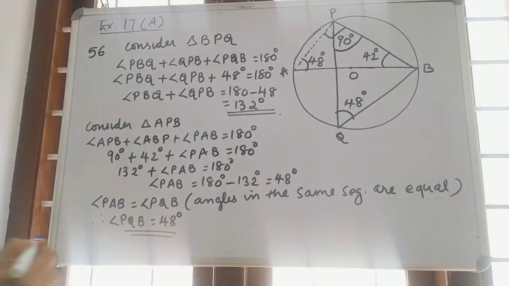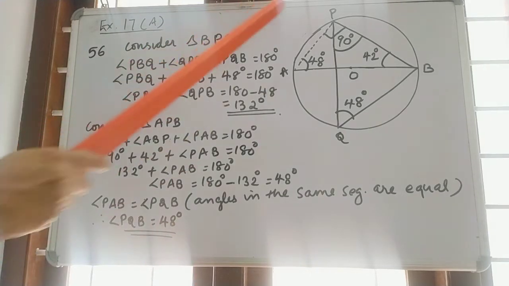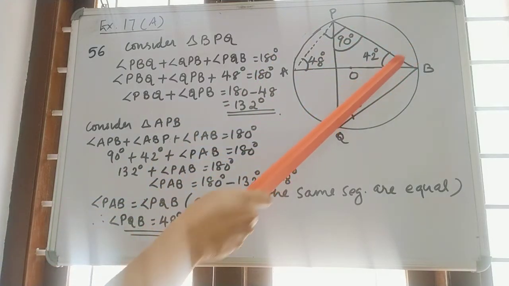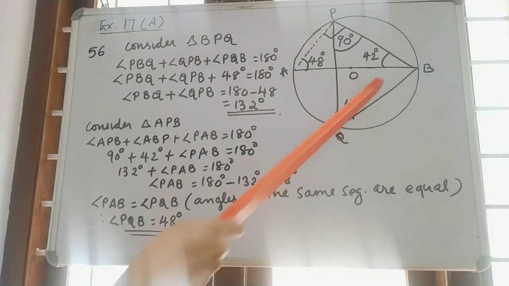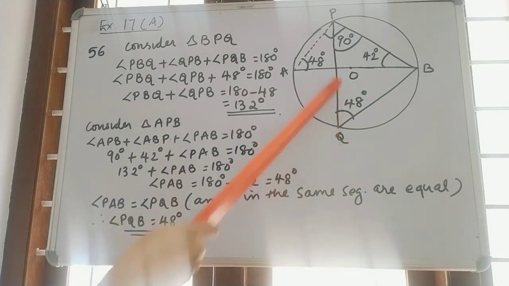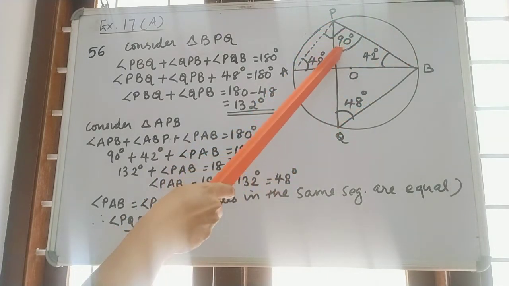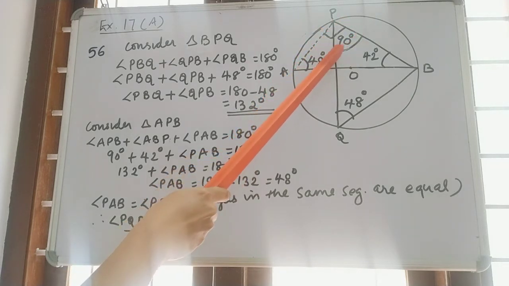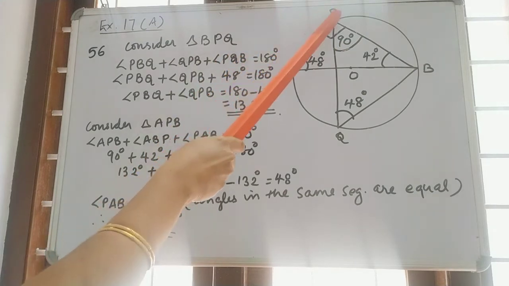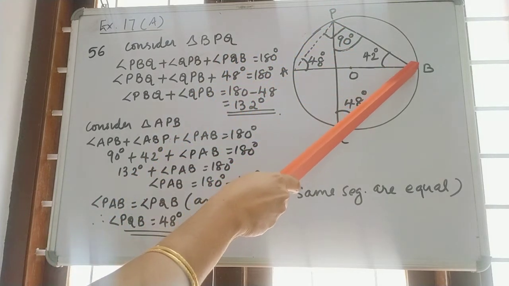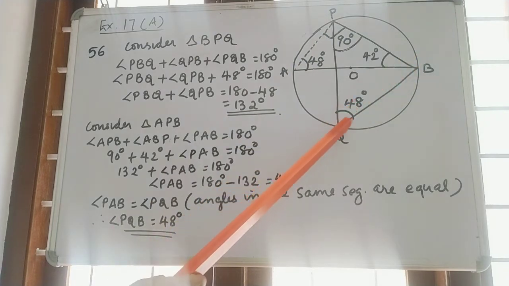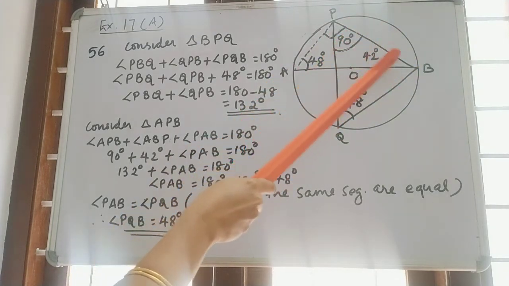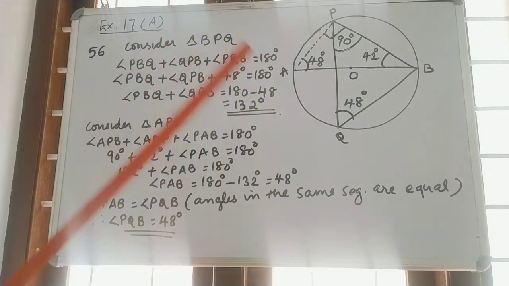So we don't know the value of that P. So sum of angles of a triangle is 180 degree, that is PBQ, this angle B, plus QPB, this angle. We don't know that. This whole is 90 degree. We don't know this value. Plus PQB. These three angles sum is 180 degree.